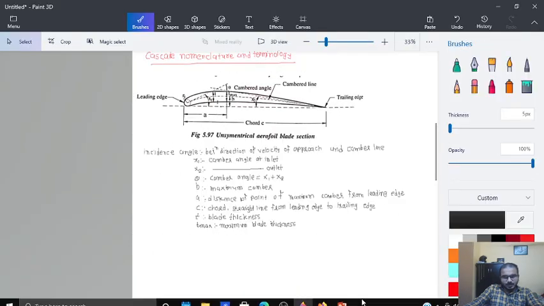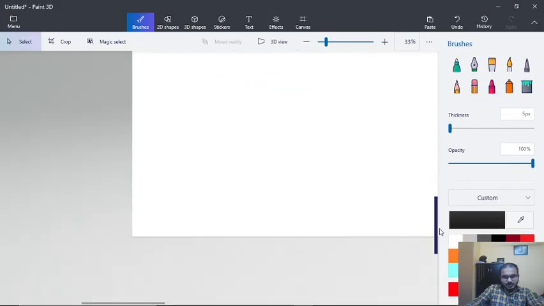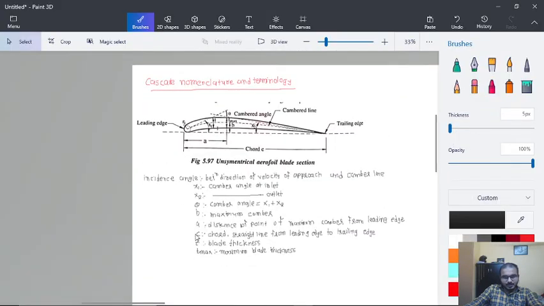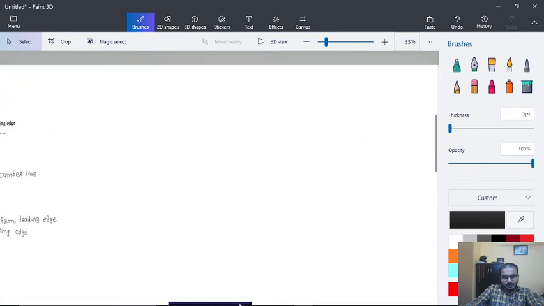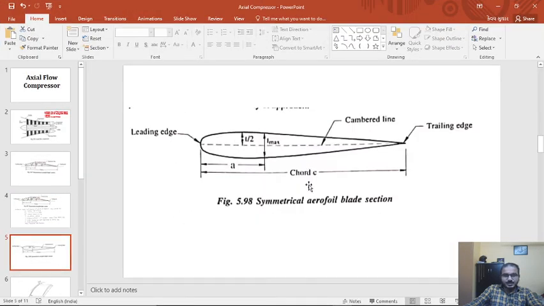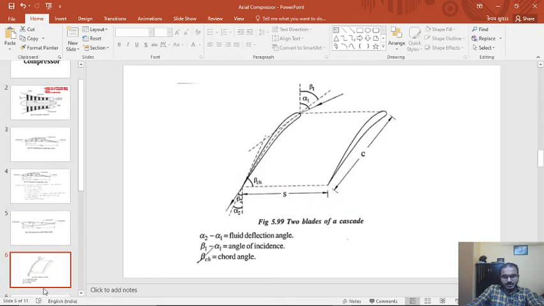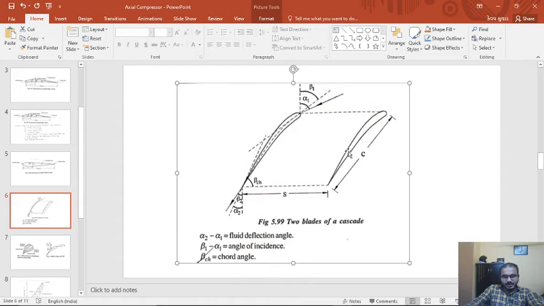Then let's move forward to the second nomenclature part, which is for the cascade. So this is the symmetrical aerofoil blade section that we have already discussed. The next is this one, that is two blades of a cascade.